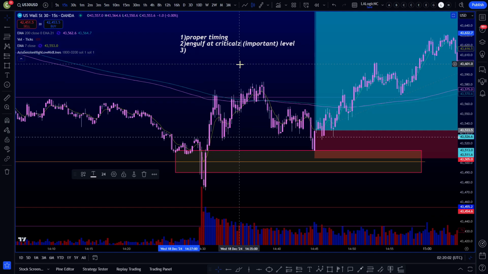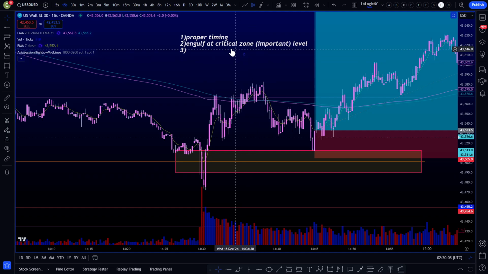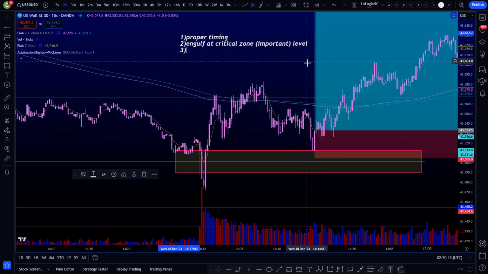So engulf at critical zone. Important level rejection. Put that. Come on.